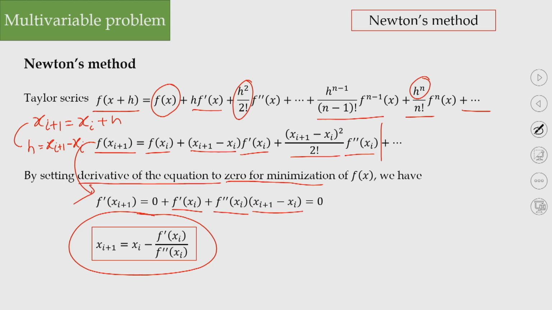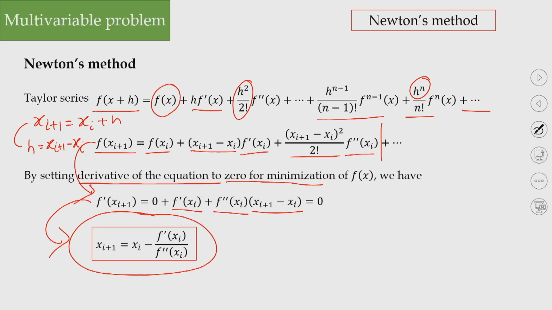Okay. So, to find out the minima of this particular function. Now, if I rearrange this, then I am getting this equation, that is x I plus 1 equal to x I minus first derivative at x I divided by second derivative at x I. So, this equation we have already applied, and this method is known as Newton's method.